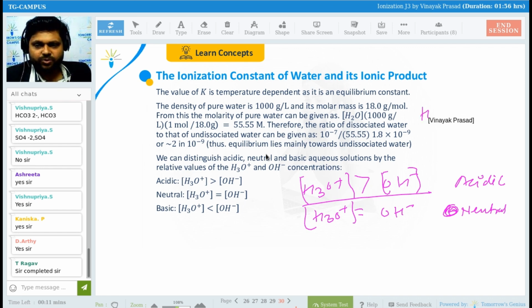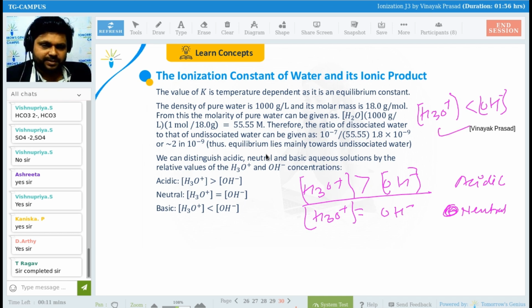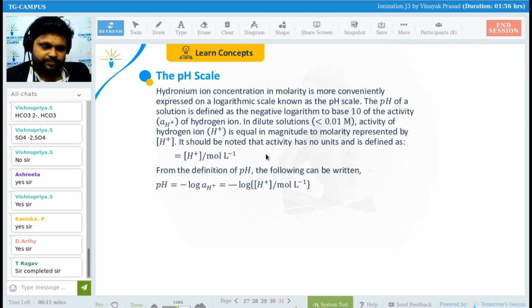For basic, the concentration of OH minus is greater than H3O plus ion, so it will be basic in nature. Is it okay? Any problem till here? No?